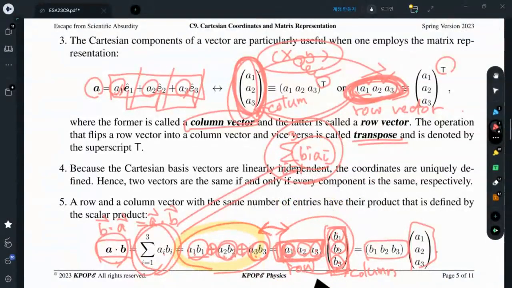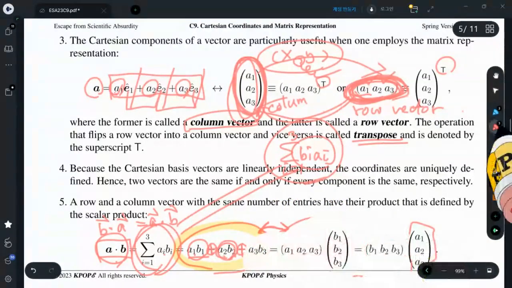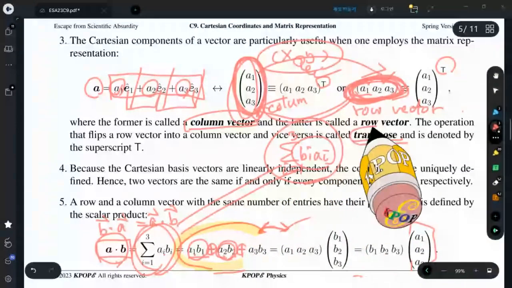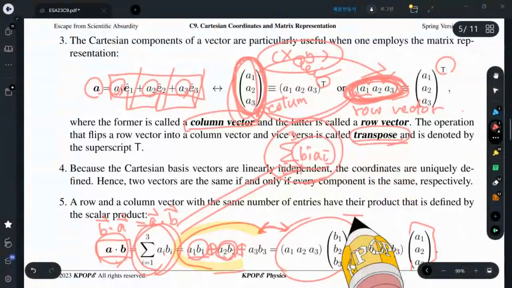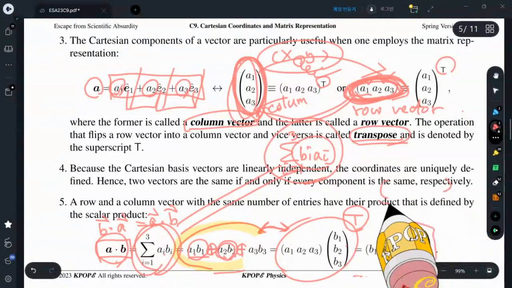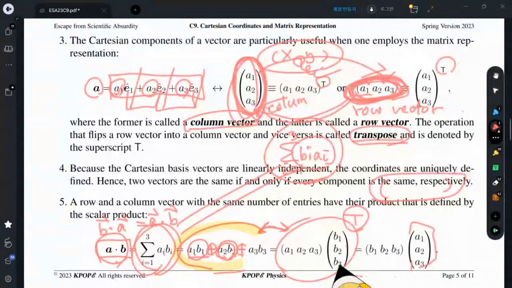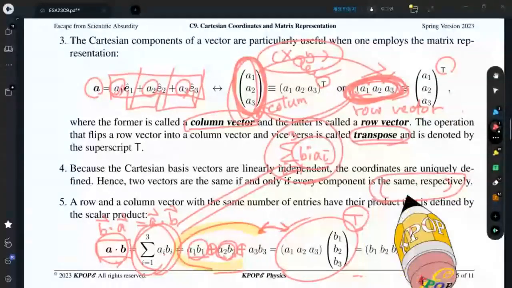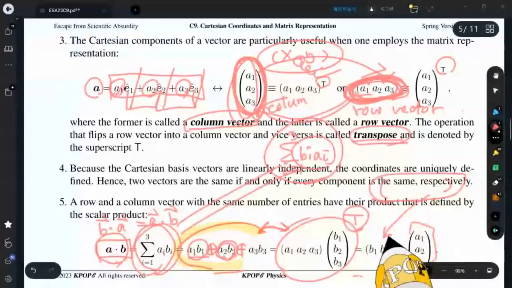Therefore, I can make an operation. What kind of operation? That I just told you, the transpose operation. This one, transpose, let it be a row. So if a column becomes a row, there is no way but to put it here.